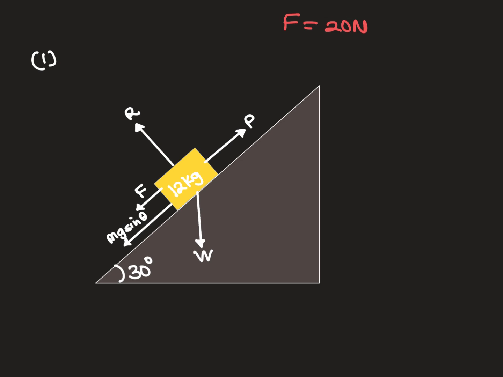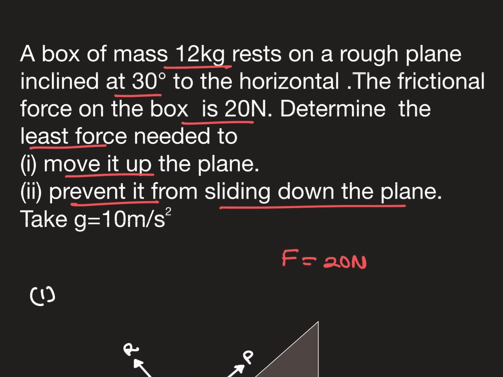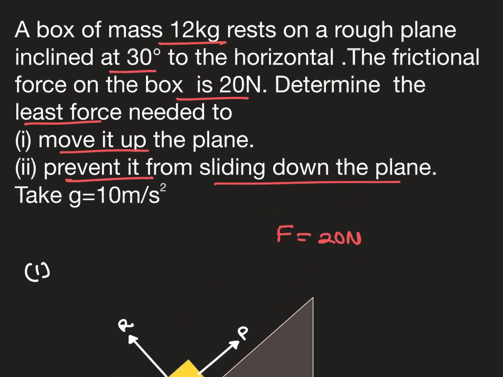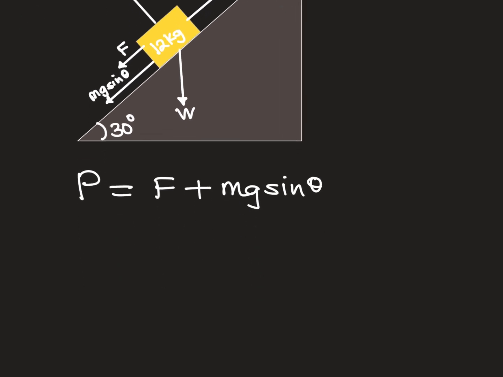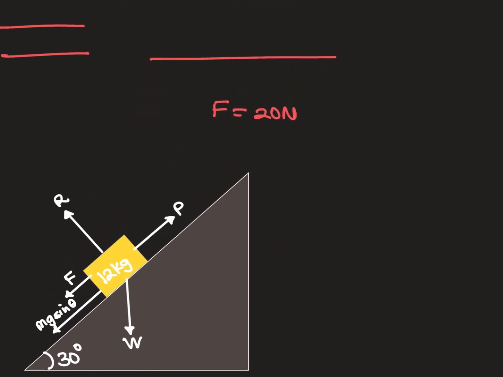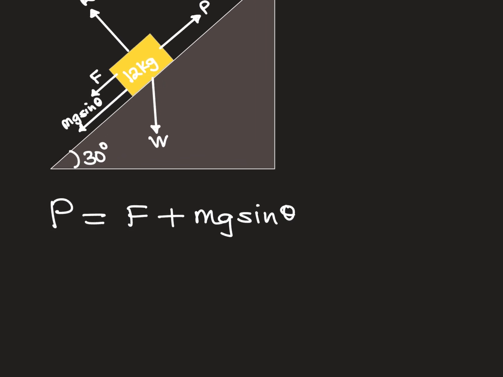So if we have to determine the least force needed to move the object up the plane, acceleration has not been mentioned here, so we are dealing with limiting equilibrium. In that case, it means that P must be equal to F plus mg sine theta. The friction is already given in the question as 20 newtons.